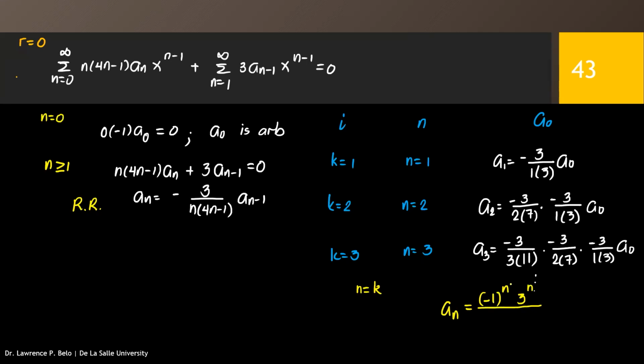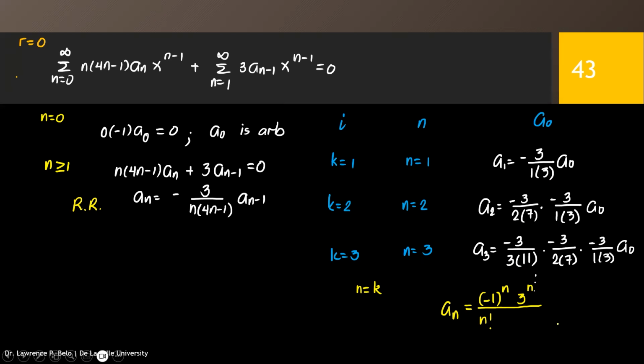You will notice that at the bottom, what do you have? You have an n factorial, because 3 to 1. And then there's 3 times 7 times 11. How do you write that? How do you write 3 times 7 times 11?